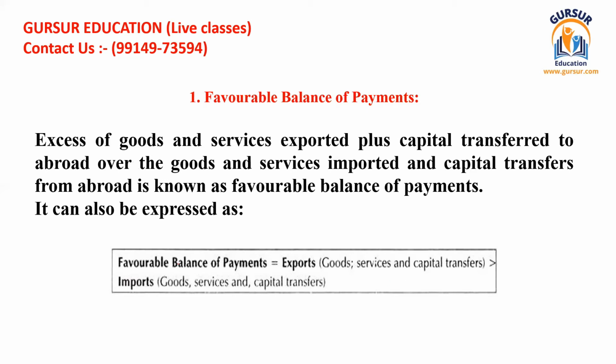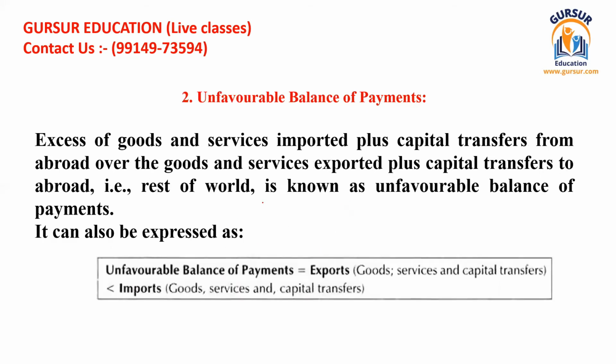So this is a favorable balance of payment in which a country earns gains, or has a positive balance. You can see here the sign of greater than. It doesn't matter what types of imports they are; these can be goods, services, capital transfers or anything.